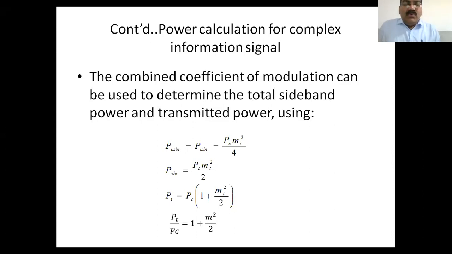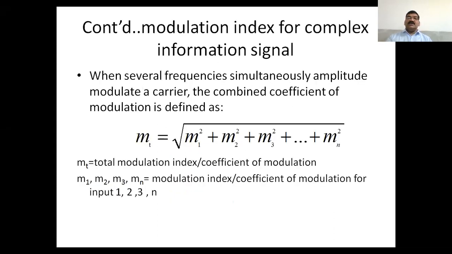The formula is the same as we derived previously, so I will not go for the further derivation. The same thing you can repeat if it is asked. You can repeat the previous derivation and, instead of m, mention MT, that is the total modulation index, and there you specify what MT is. Just now we have seen what MT is.